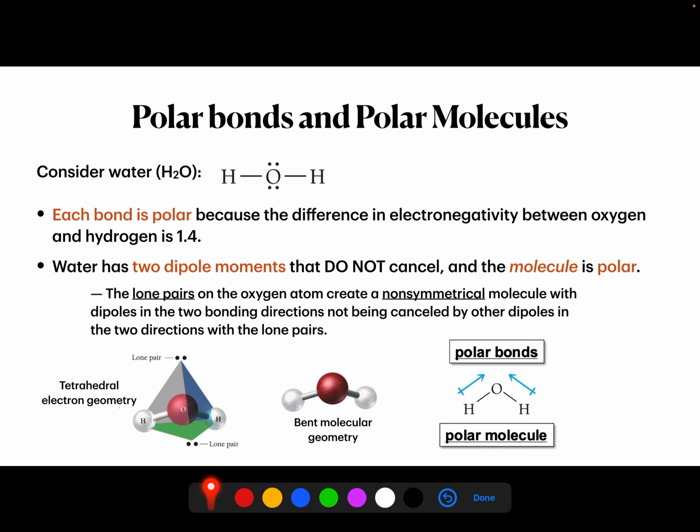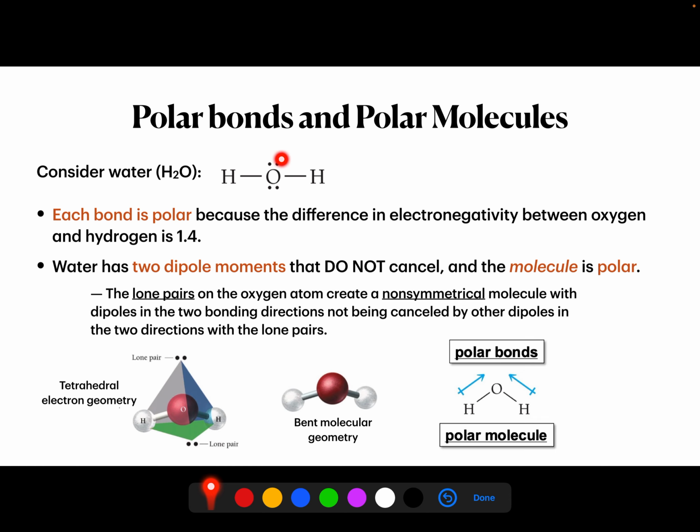Let's look now at an example of polar bonds within a molecule that leads to a polar molecule. In this particular case, we've got polar bonds again. The bond between a hydrogen and an oxygen is a polar bond, and we have two polar bonds within this molecule. But remember that this molecule is not linear.